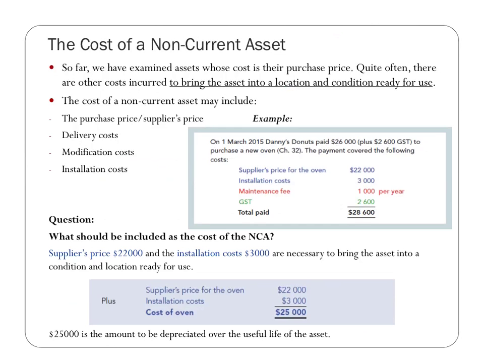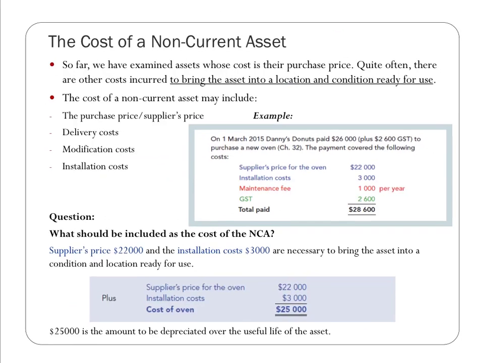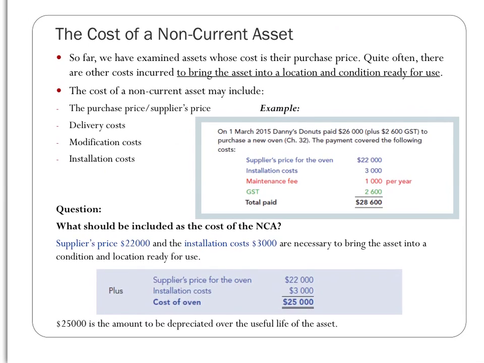All right, the cost of a non-current asset. So far we have examined assets whose cost is simply its purchase price. How much was the purchase price, how much was the historical cost? In reality, though, quite often there are other costs incurred to bring the asset into a location and condition ready for use.